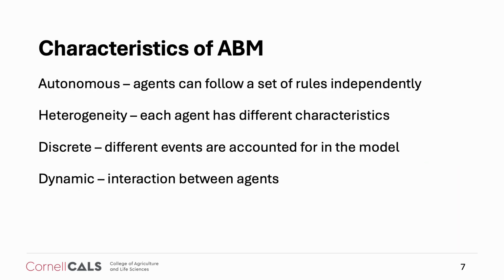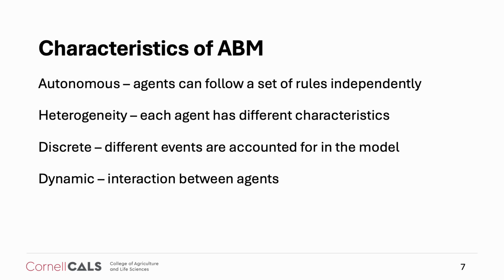Based on what we just discussed about the components, ABM is unique in that it is autonomous, which means that agents can follow a set of rules independently. It also has heterogeneity, meaning that each agent has different characteristics, such as different hygienic zone level and different type of surface materials, which will allow the modeler to integrate different parameter values specific to an agent.